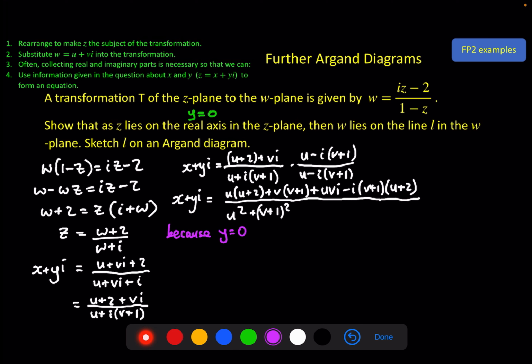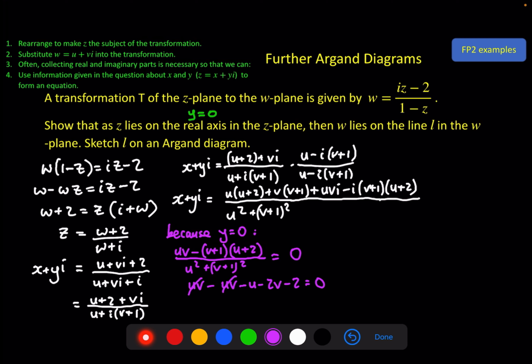So because y equals 0, we can say that u times (v plus 1) minus v times (u plus 2), divided by u squared plus (v plus 1) all squared, the imaginary part here, also must equal 0. That's nice because we can multiply everything by this and it just disappears. So uv plus u minus uv minus 2v equals 0.